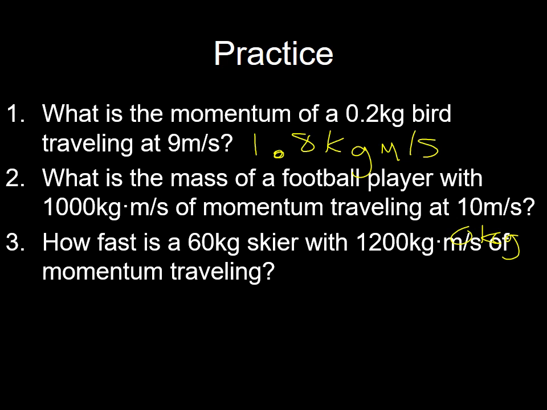Again, go ahead and pause the video and see if you can come up with the right answer. Hopefully you did 1,200 kilogram meter per second divided by 60 kilograms to get 20 meters per second.